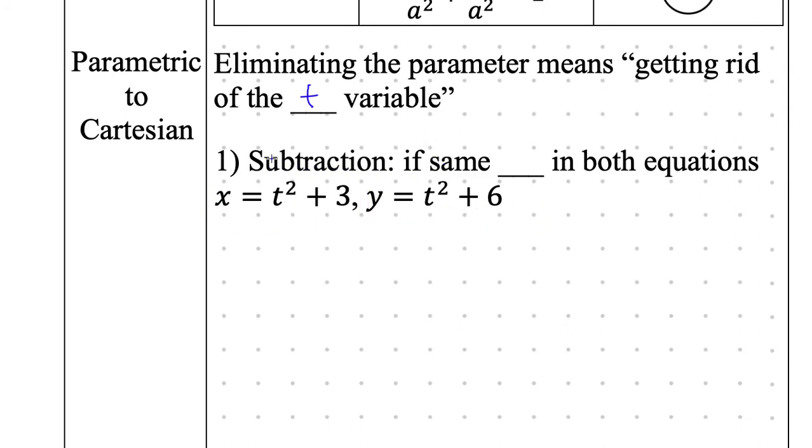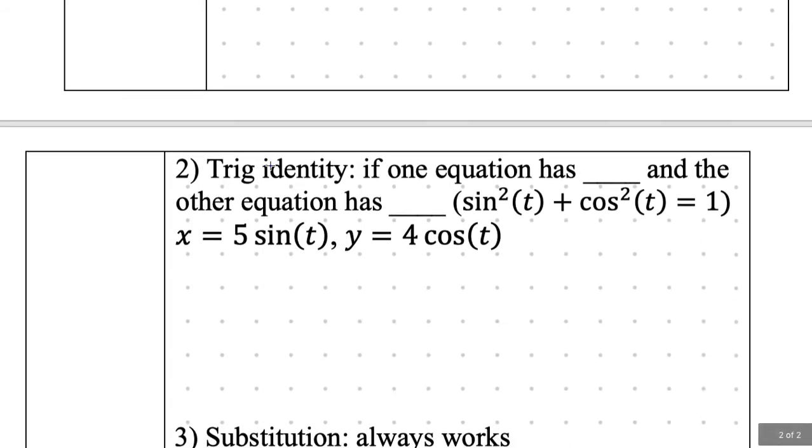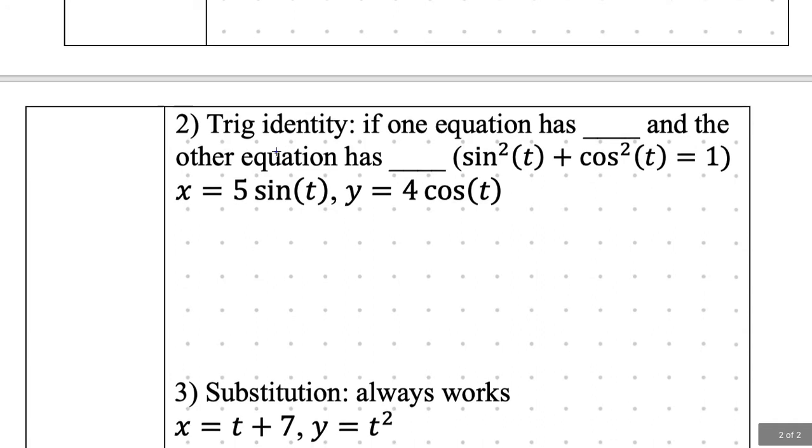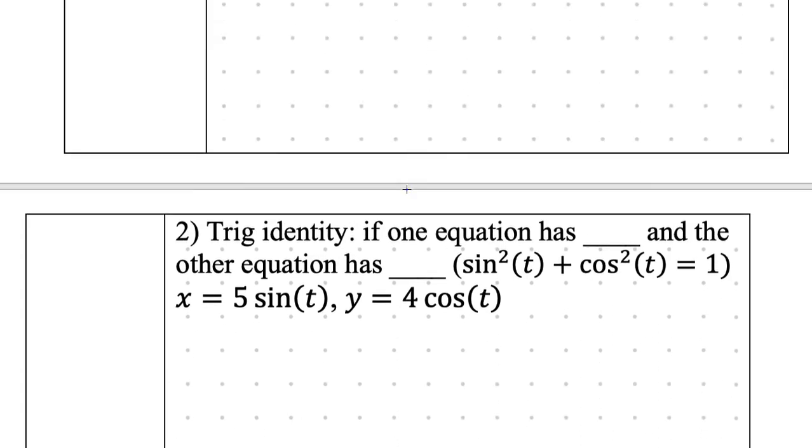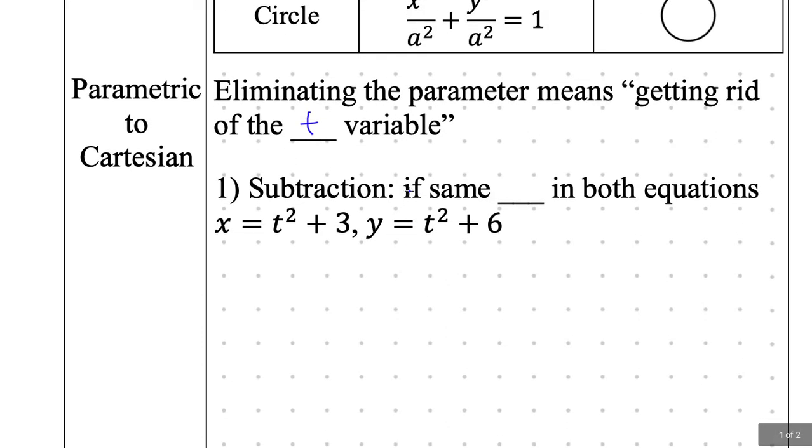So how are we going to do that? This is the order that you should always do it in. Step 1, always try to look for subtraction, then use trig identities, and if those two fail, then use substitution, because that one will always work. The first one to check is subtraction, and maybe I should put elimination up here.